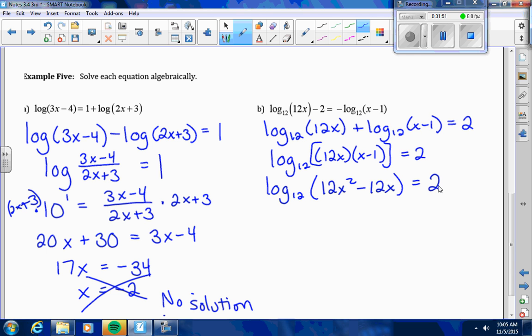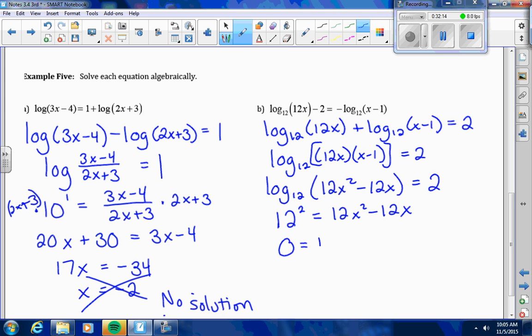Now convert to exponential. So what to the what? 12 squared equals 12x squared minus 12x. Okay, let's move the 12 squared to the other side.